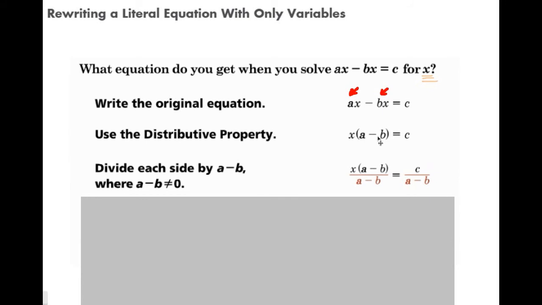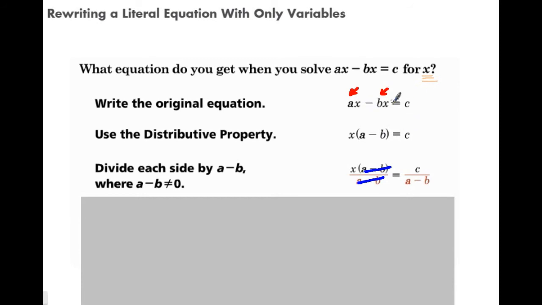Remember, this is in the parentheses, and I want to know what x is, so I'm going to get rid of this by dividing both sides by a minus b. So on the right side of the equation, where you have c by itself, it's going to be c divided by a minus b. So what's going to happen now is that the a minus b and this a minus b are going to cancel.